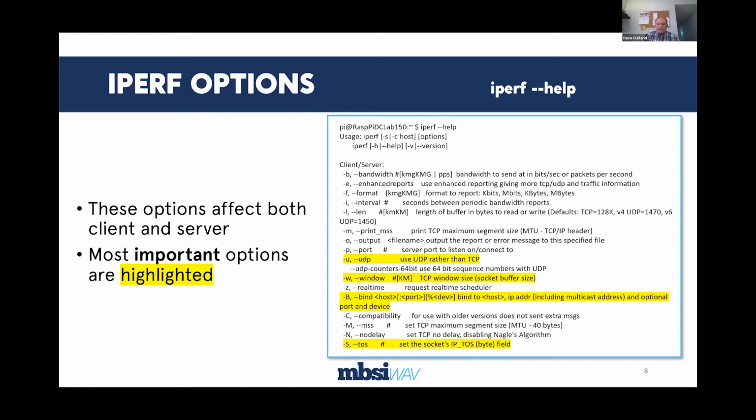and what the TCP window size might be, or the socket buffer size that you're going to test with. You need to make it big enough so that it loads your network properly. You can bind ports and devices so that iPerf uses that particular interface to do its testing.